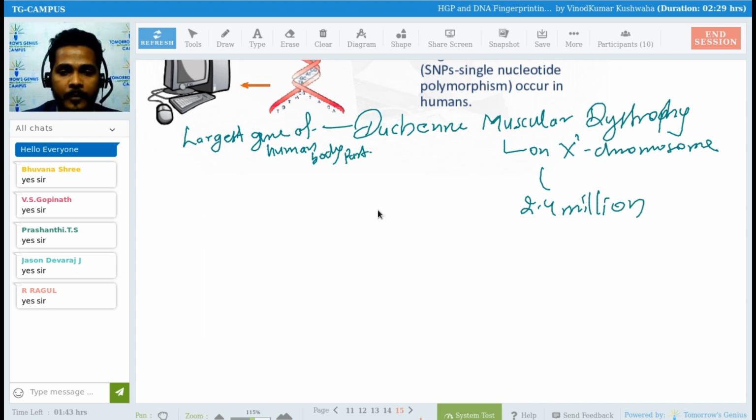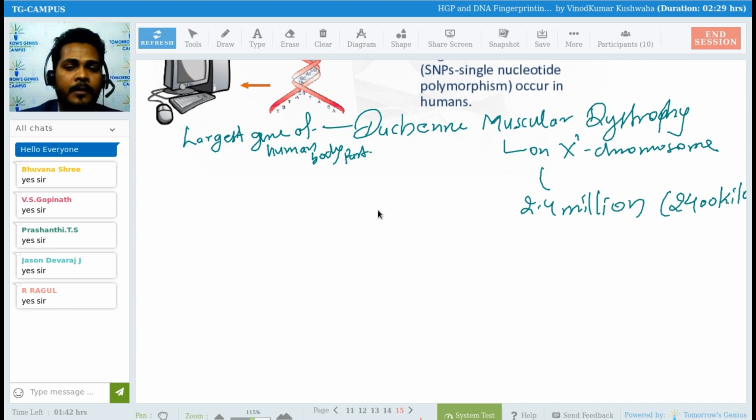When you convert it, it becomes 2400 kilobase, KB in short, base pair long. This is the largest gene of the human body.